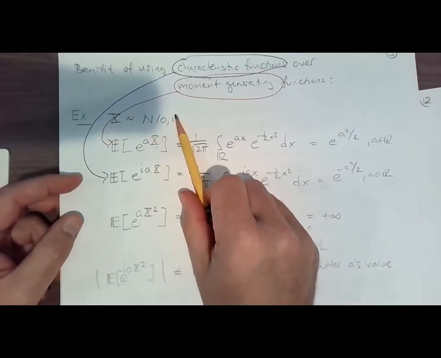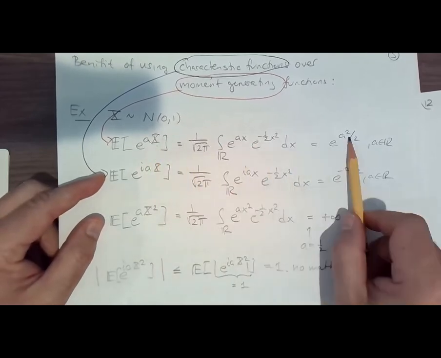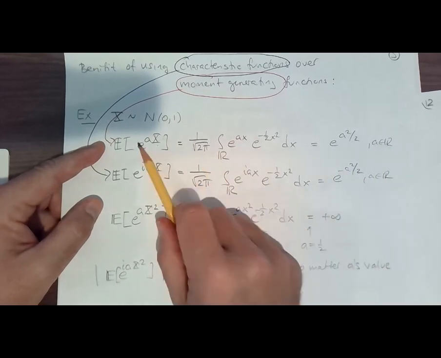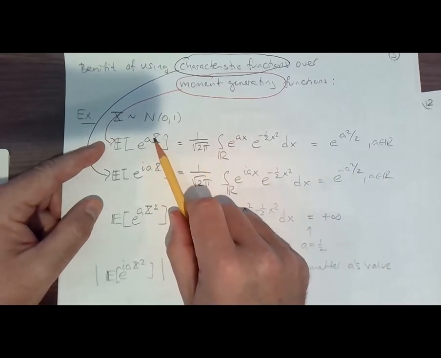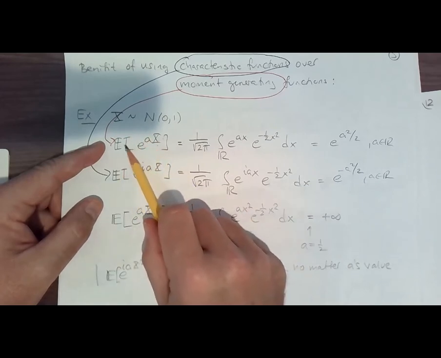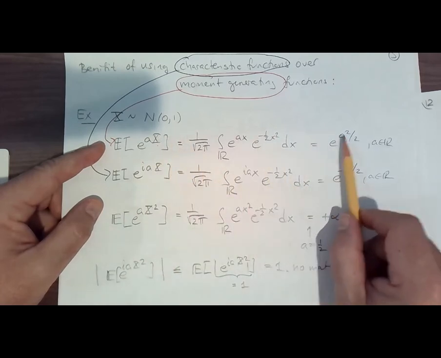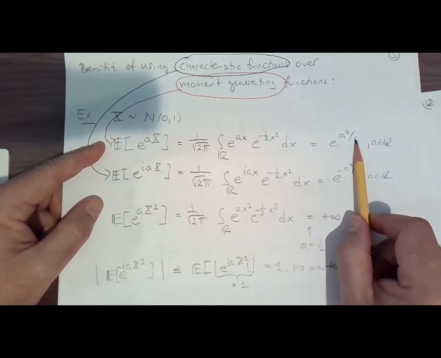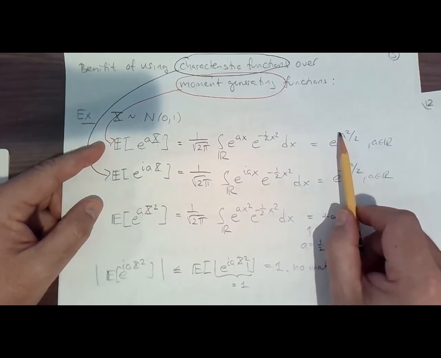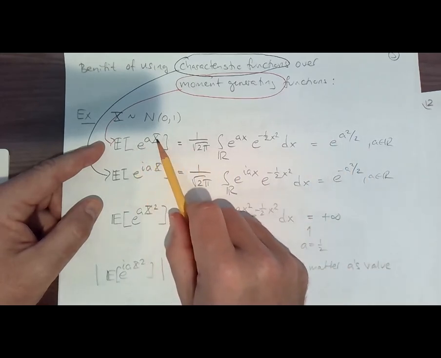If I had a standard normal, and if I were interested in the moment generating function, I would have this formula here for any a in R. So in particular, if I take a to be 1, then the expectation of e to the x is just equal to e to the 1/2, because a squared when a is equal to 1 is just 1. That's going to give me the expectation of e to the x.